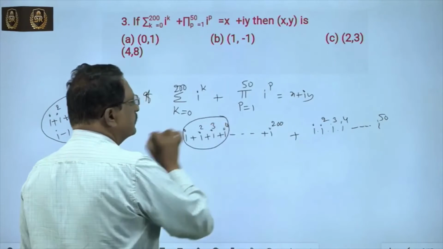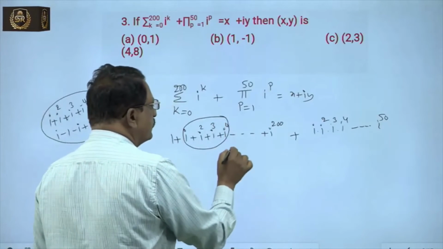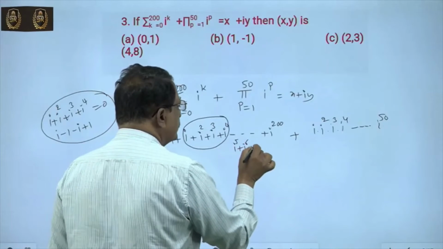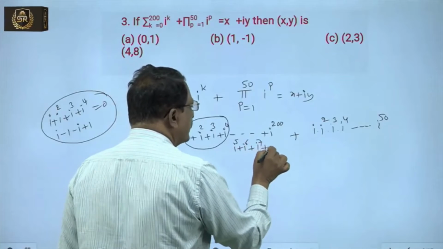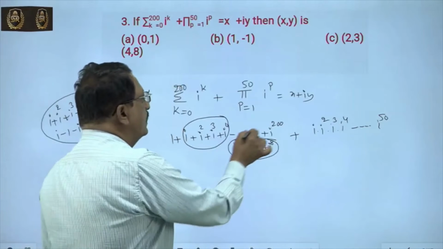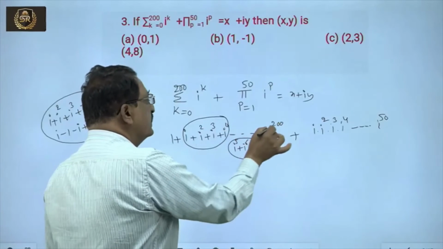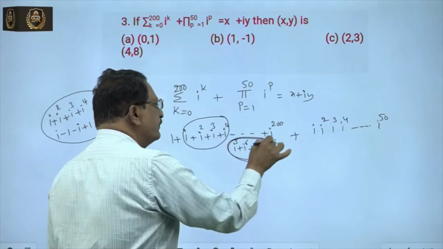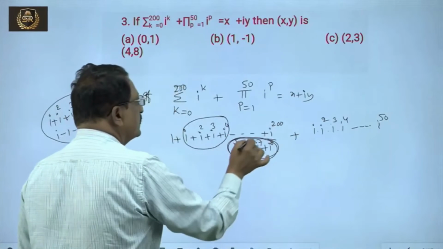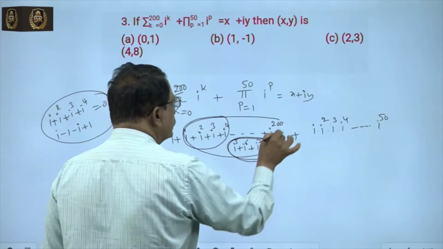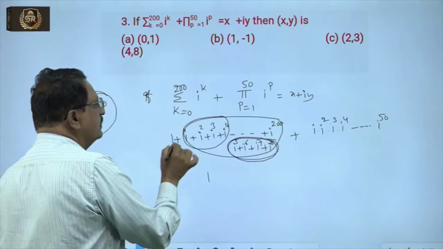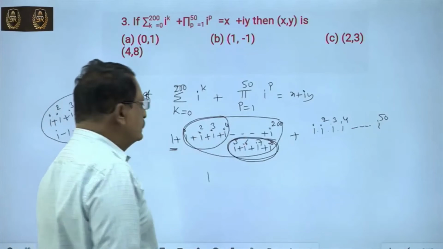This first group is 0. Similarly, i to the power of 5 plus i to the power of 6 plus i to the power of 7 plus i to the power of 8 is also 0. Now up to 200, we get 50 such groups. This complete value equals 0. Now this value equals 1, only 1. The remaining complete terms equal 0.